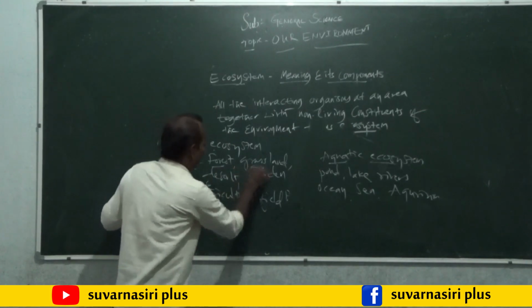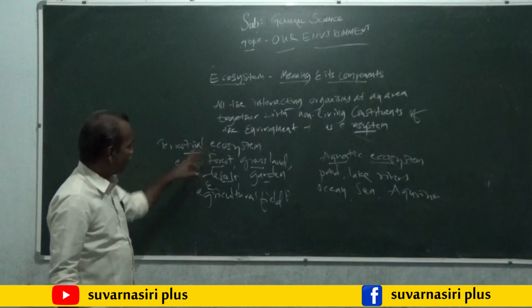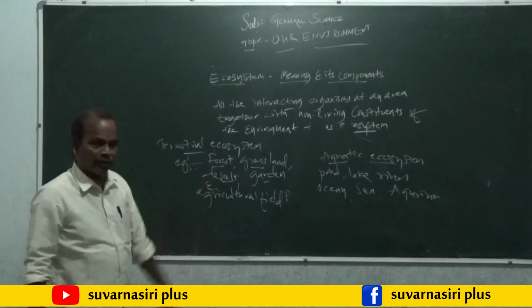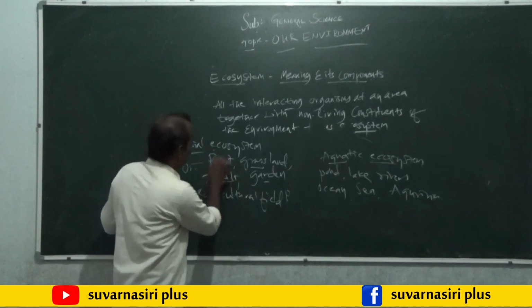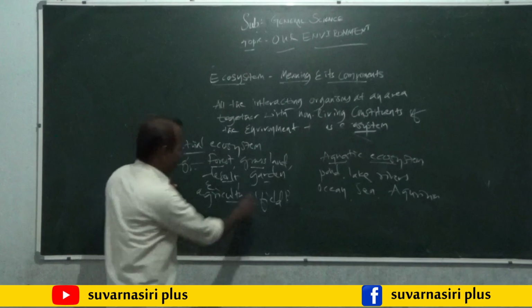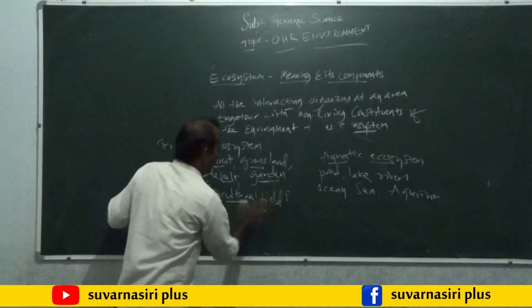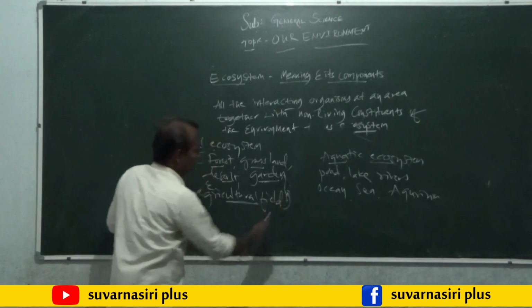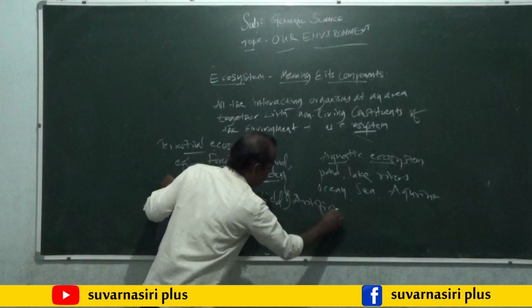Again, these examples cover both artificial and natural ecosystems. Garden and agricultural field are artificial ecosystems.